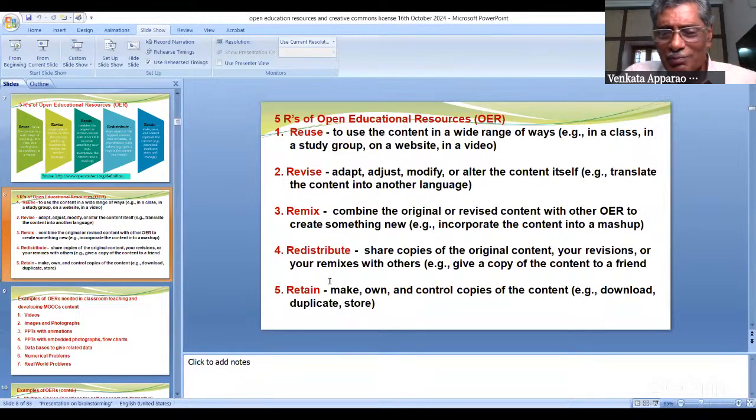Example, download, print, duplicate, store, put in your library, all that. In these 5 different ways, use of open educational resources. Therefore, they are called 5 R's. Reuse, revise, remix, redistribute, retain.